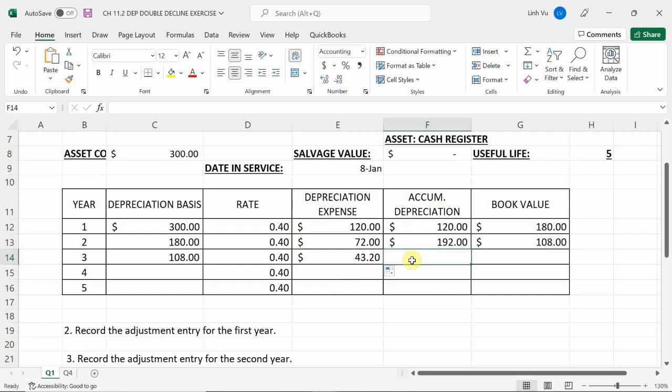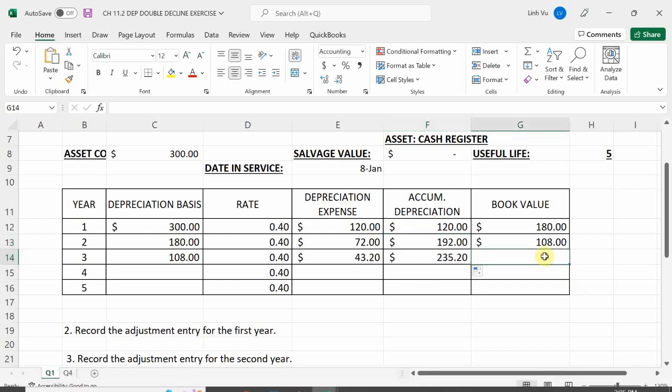Accumulated depreciation for year 3, 23520. Book value, 6480. 64. Good. And next year's would be 6480.